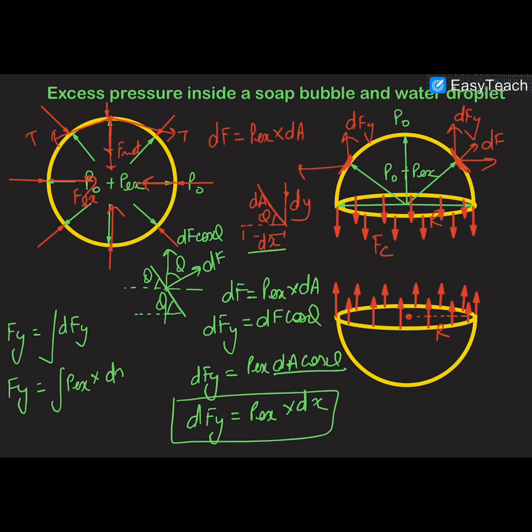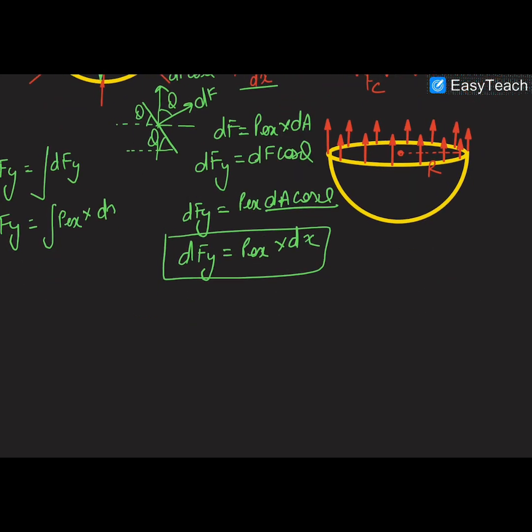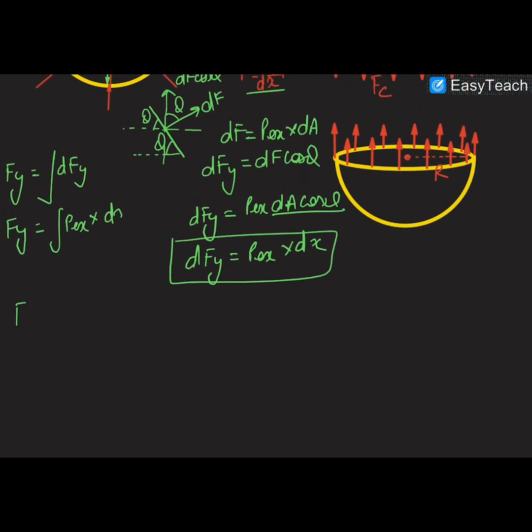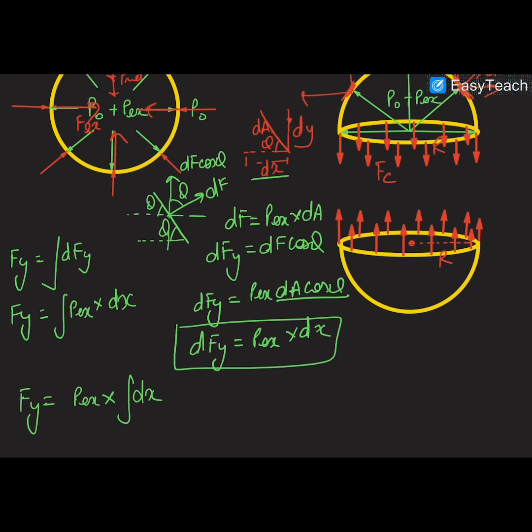So Fy will be equal to P excess into integration of dx, and integration of dx is the total area of projection in the x plane.